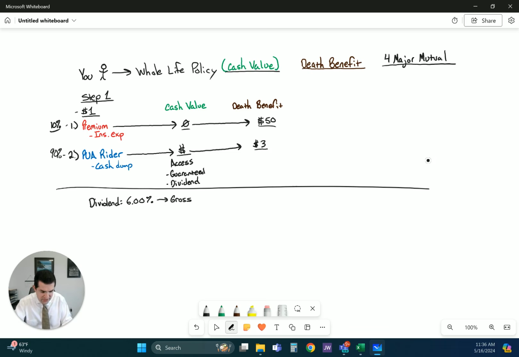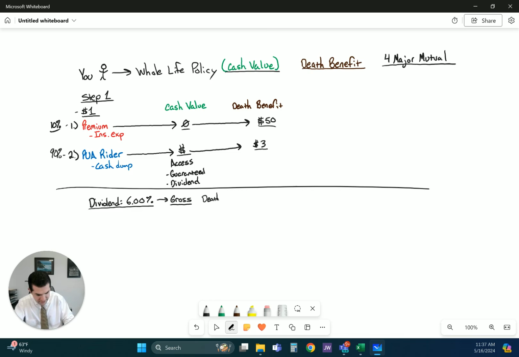The reason why is because the dividend is considered a gross rate. Think of it this way. If you're the insurance company, you're going to have a dividend rate that you are going to distribute to your policyholders, everyone that has a policy with your life insurance company. However, you're saying, wait a minute, we still have to pay out the death benefit when they die. There is a cost to carry that death benefit.